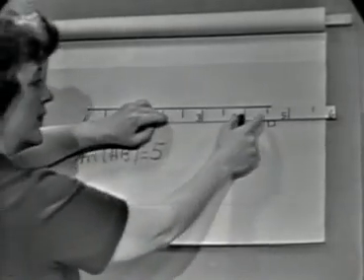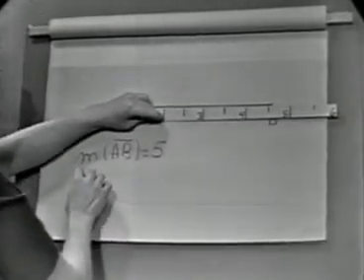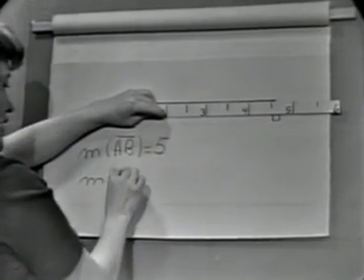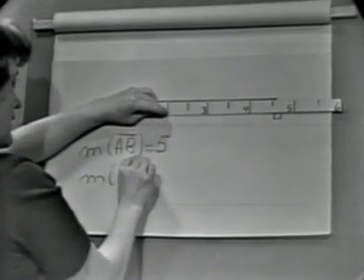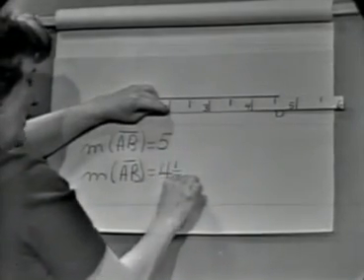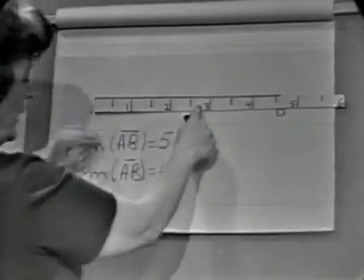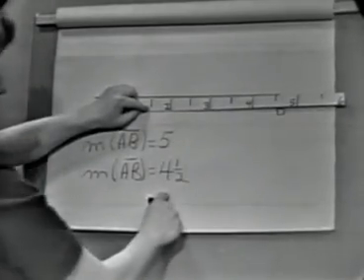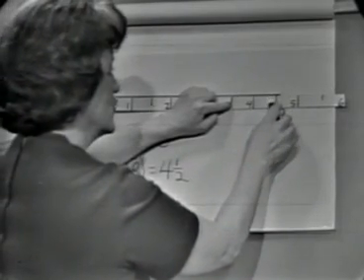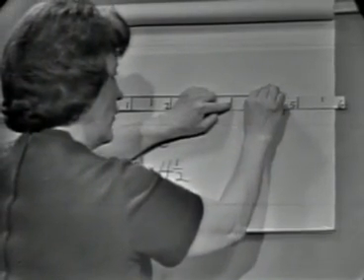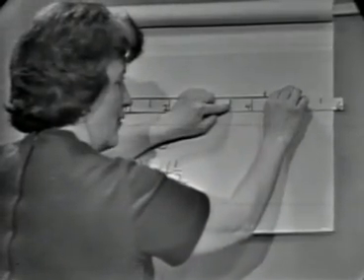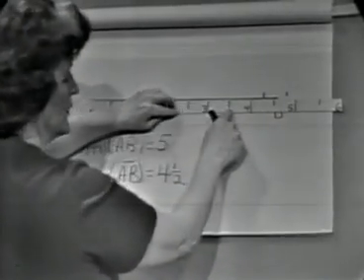Using this half-unit scale, then, we would write that our measure of AB is equal to 4 1/2. Reading this measure, we would understand then that the mark is greater than 4 1/4, but less than 4 3/4.